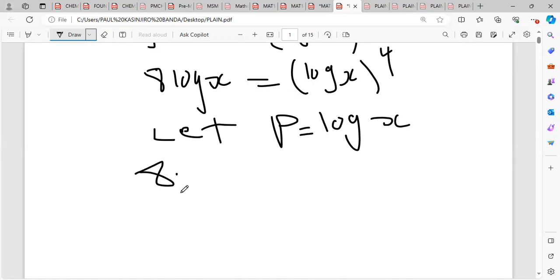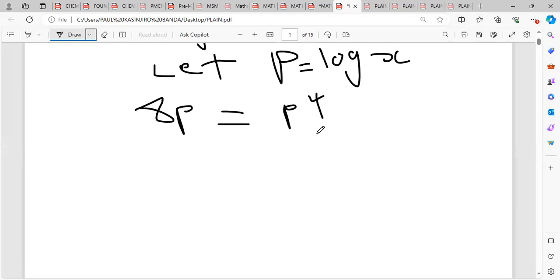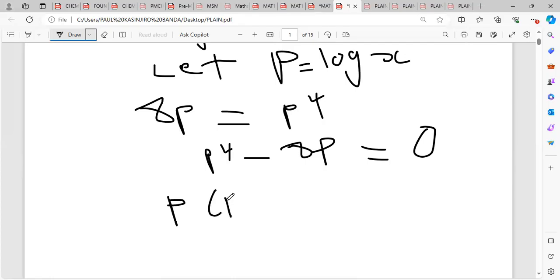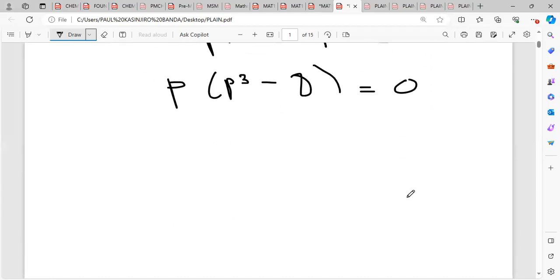So I have 8p, which will be equal to p to the power 4. I can put these on the same side, meaning I have p to the power 4 minus 8p equals 0. After that, I can factorize and then find my p. p is common there. What do I remain with? I remain with p to the power 3 minus 8, equals 0.